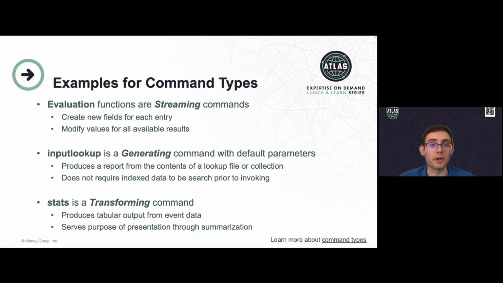And we've talked about stats very generally speaking, with a lot of unique functions you can apply there, where this is going to provide a tabular output, and it is serving that purpose of summarization. So we're really reformatting the data into that tabular report.